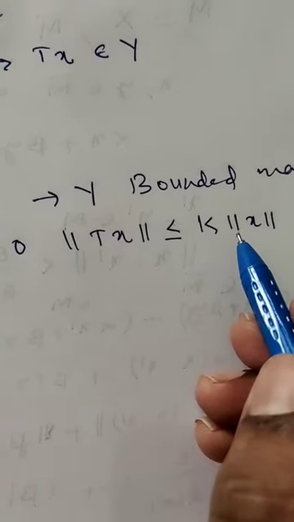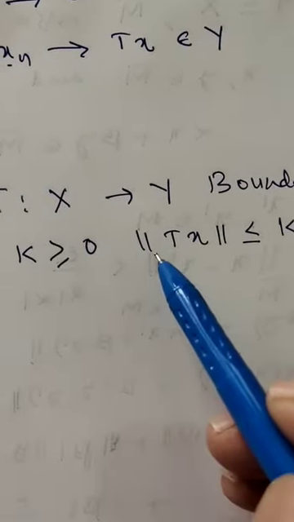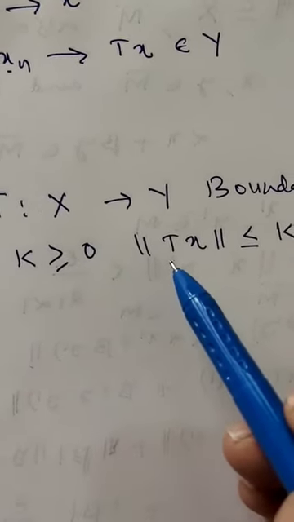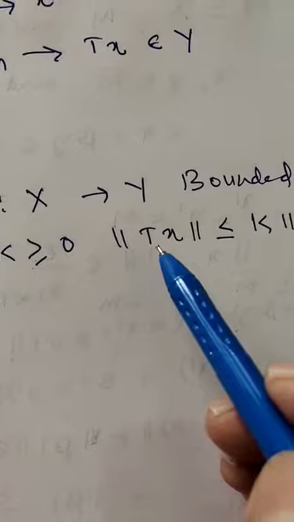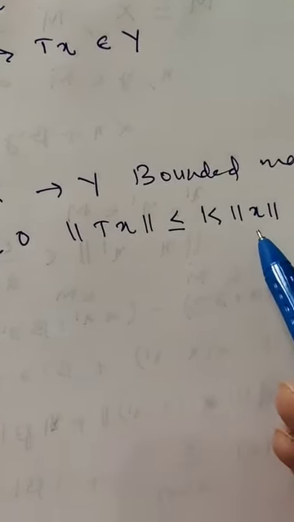In other words, since T is defined on vector spaces, meaning linear spaces, we can say T is a bounded linear map or bounded linear transformation.